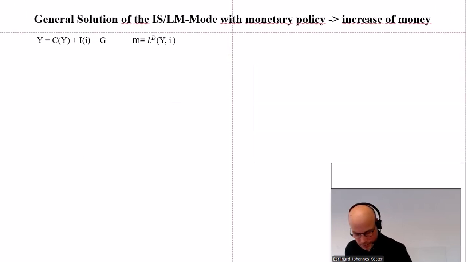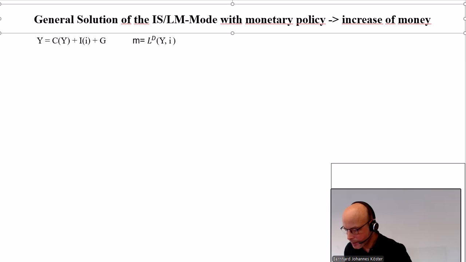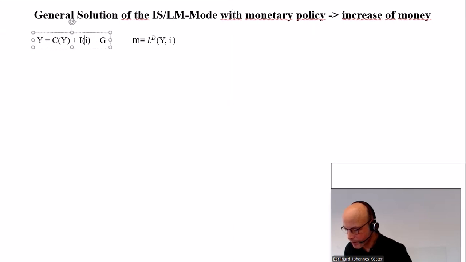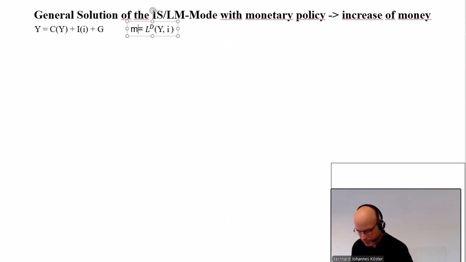And for this, yeah, I have enough time. We will do a little bit of algebra. So remember, small m was M over P. Oops, this should still be a small letter.